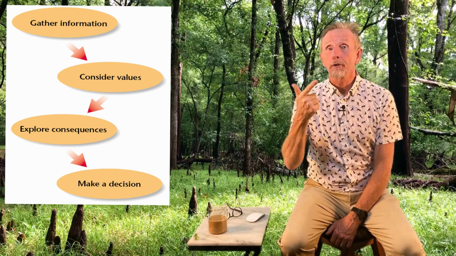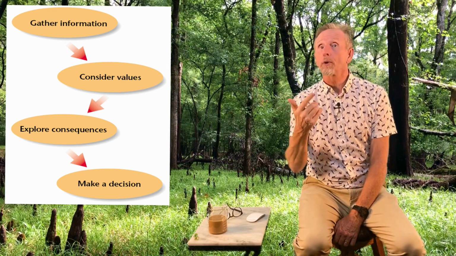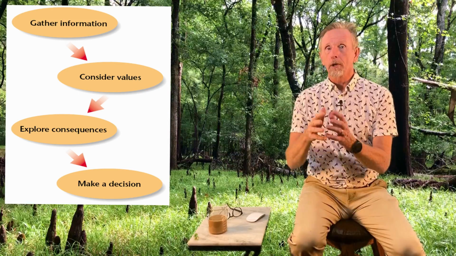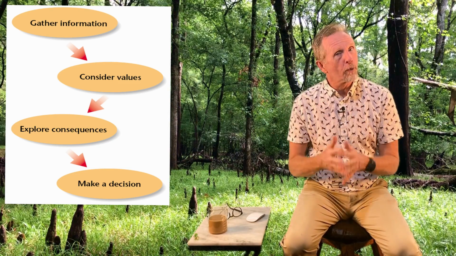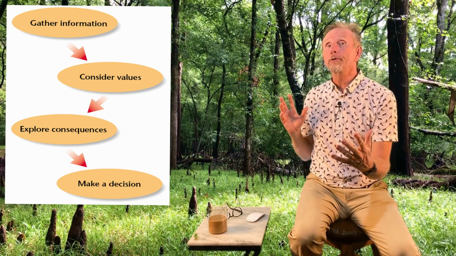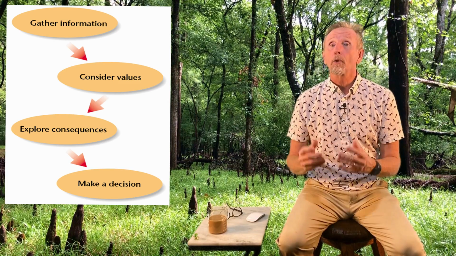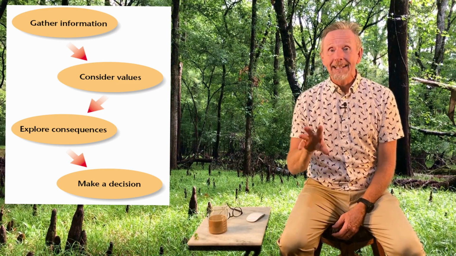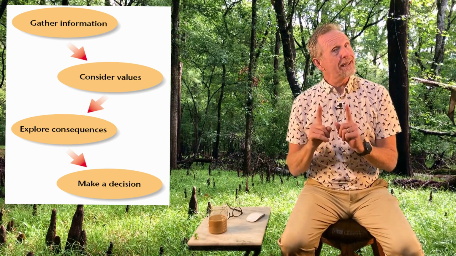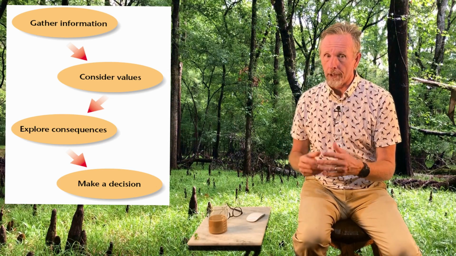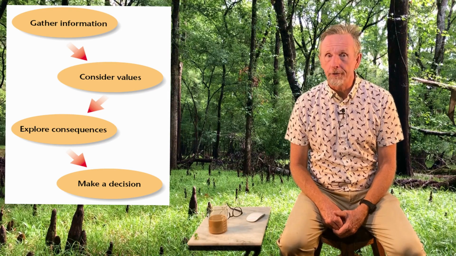Then you consider the values. Which values are important to you? Now, you want to look at values in general, but ultimately you're the one making the vote. We're trying to say, what do most of the people think? So look at the values that are most important to you. Explore the consequences. If we did this thing, what would happen? If we didn't do this thing, what would more than likely happen? And then you make your decision.